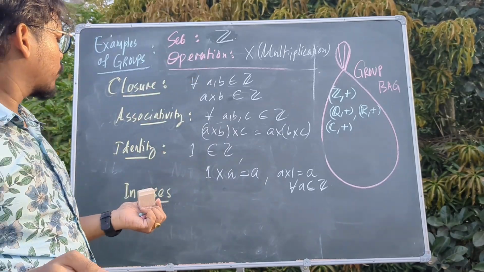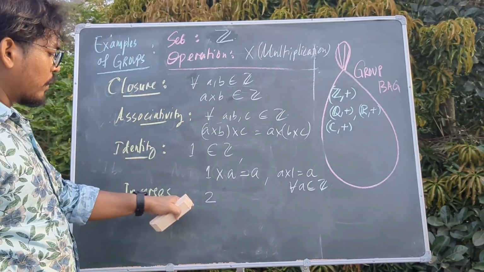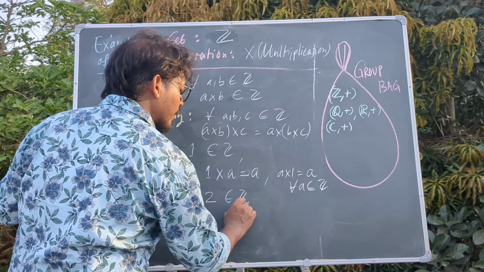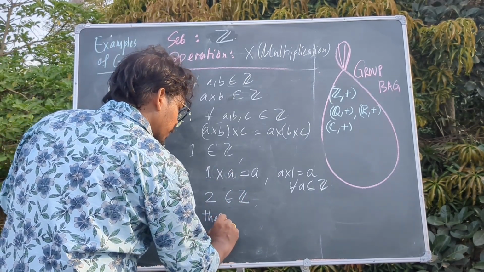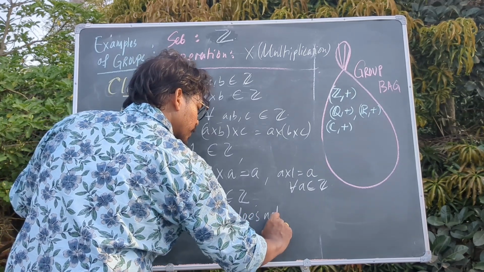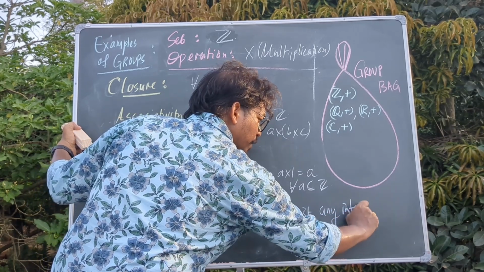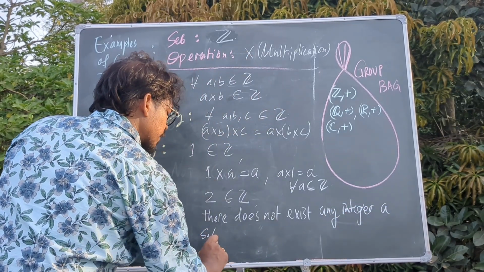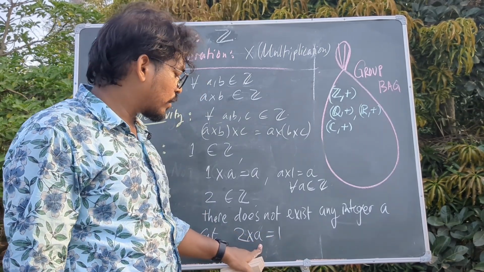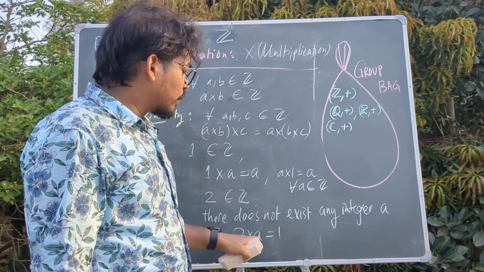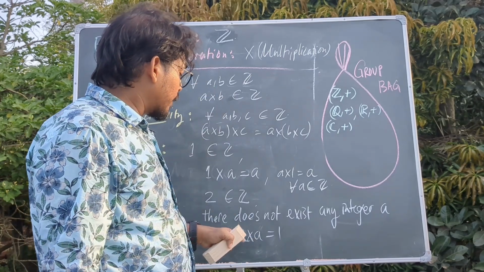The answer turns out to be no, because we have 2, an integer, but there does not exist any integer a such that 2 times a is 1, because a has to be 1 over 2, and 1 over 2 is not an integer. Therefore, the inverse of 2 is not in the set, hence it is not a group.